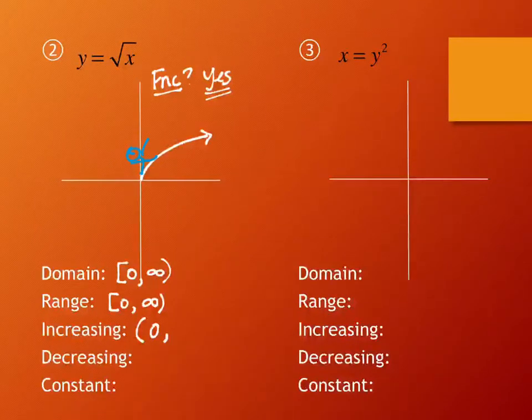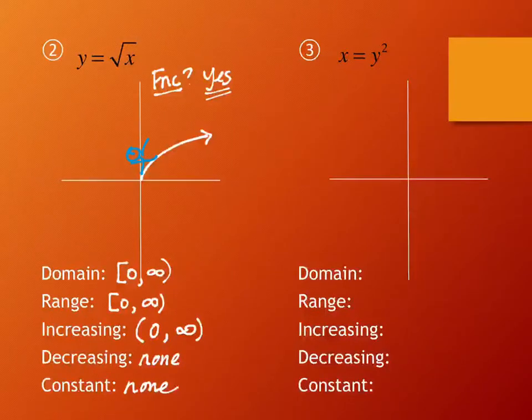So honestly, if you'll just use parentheses everywhere on your increasing, decreasing, constant, that's going to be fine. Where does it stop increasing? It doesn't. It continues to increase for the whole graph, infinity. When it says decreasing and it says constant, there aren't any. There are no places on this graph where we're going downhill, no places on this graph where we are flat. Is that all right?